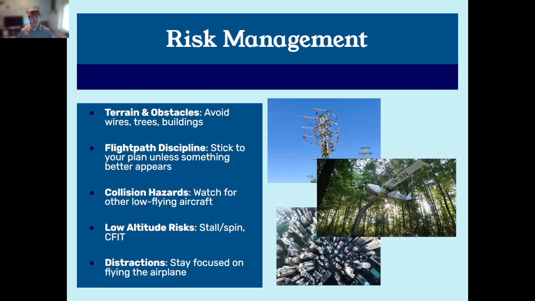So, as long as you're holding that, we should be all good. And then controlled flight into terrain, as long as we know and we acknowledge our terrain and obstacles around us, we should be fine there. Now, of course, distractions. You're going to want to stay focused while you're gliding the aircraft down to our point. Let's say your iPad drops on the floor, or your phone drops on the floor, your pen drops. You just want to ignore it, focus on flying the aircraft first.